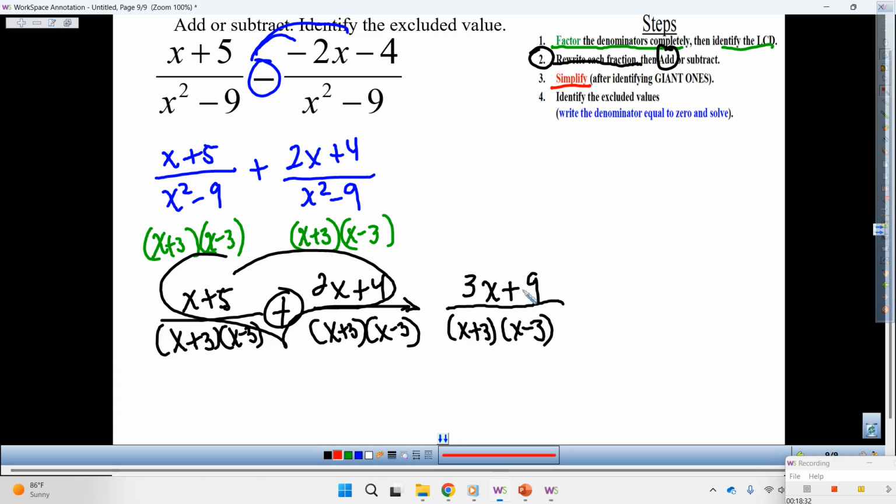So Gio, factors for the numerator. 3, open parentheses, x plus 3. Get rid of the x plus 3, so that leaves us with x plus 3, x minus 3. Then what do I do, Gio? The 1, so that leaves us with 3 over x minus 3.